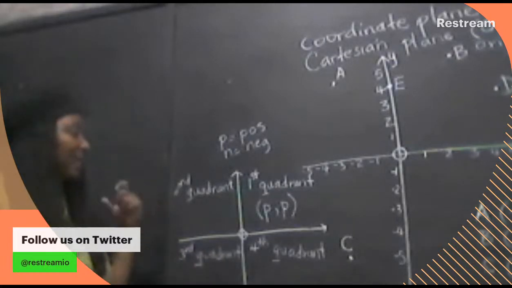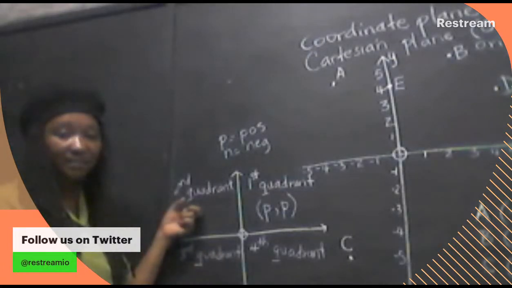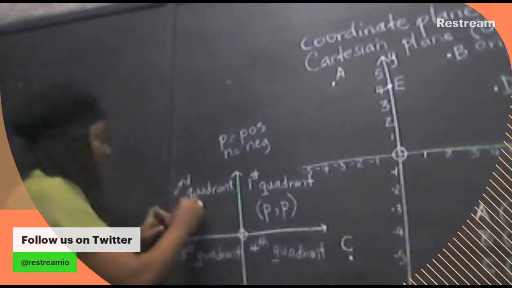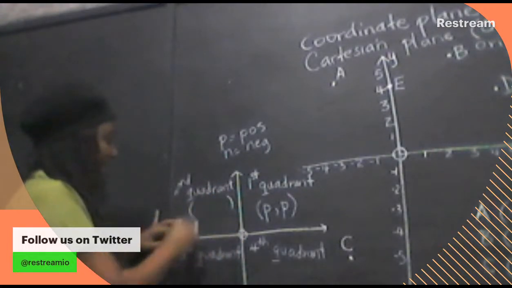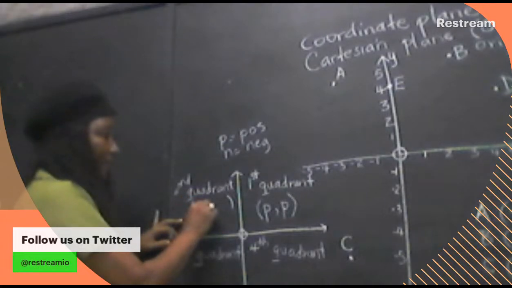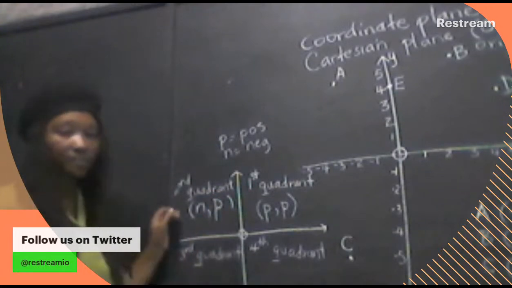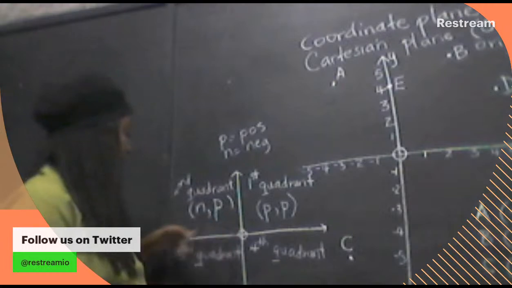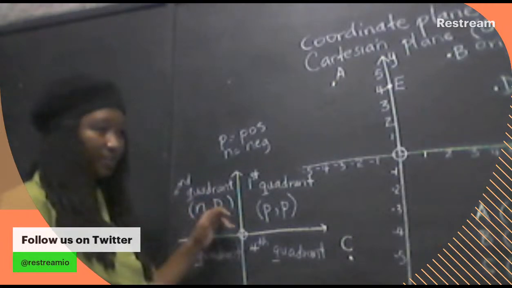If it falls within this quadrant, the second quadrant, we know that the x had to be negative and the y is positive. So negative x, positive y.